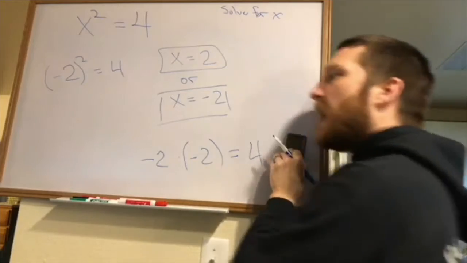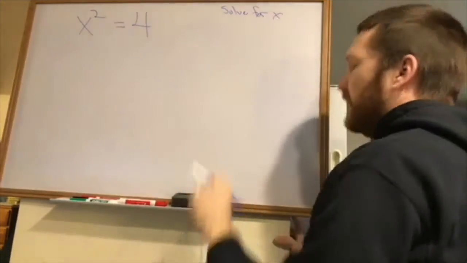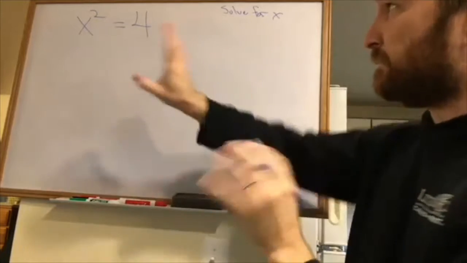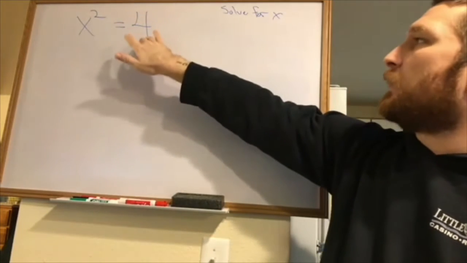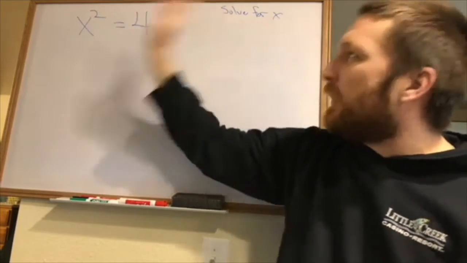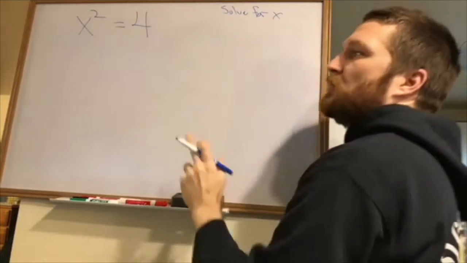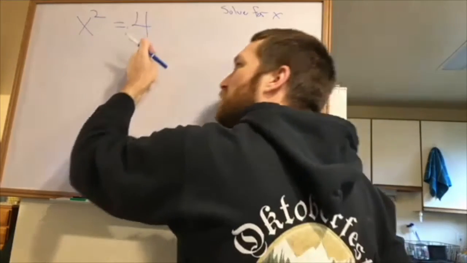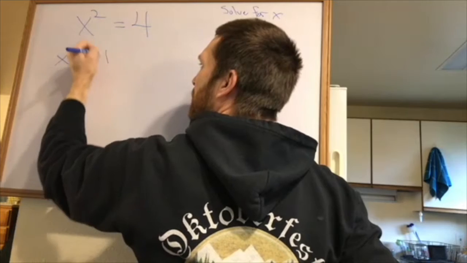But let's check this out. This is kind of cool because let's see if this is all consistent. Whenever we have a quadratic equation, we usually like to get it equal to 0 so that we can try to factor it, like using that method I was just talking about. So if I subtracted 4 from both sides, we could rewrite this like this.